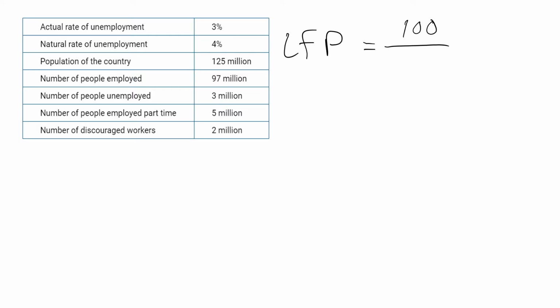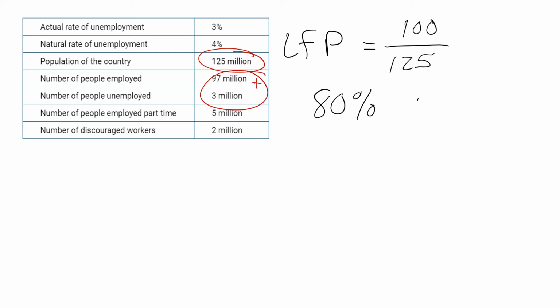So we've got 125 million people in the population, and we said 100 million total in the labor force because it's those two put together. So we're going to do 100 divided by 125. Because as I said, this is just the number of people in the labor force divided by the country's population. And in this case, that would give us 80%.